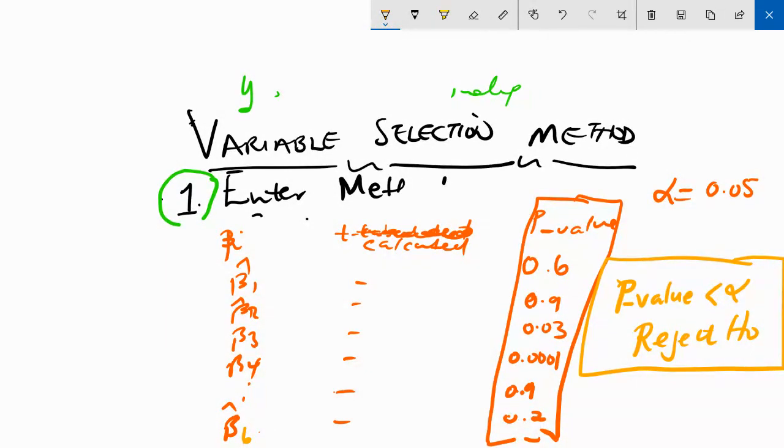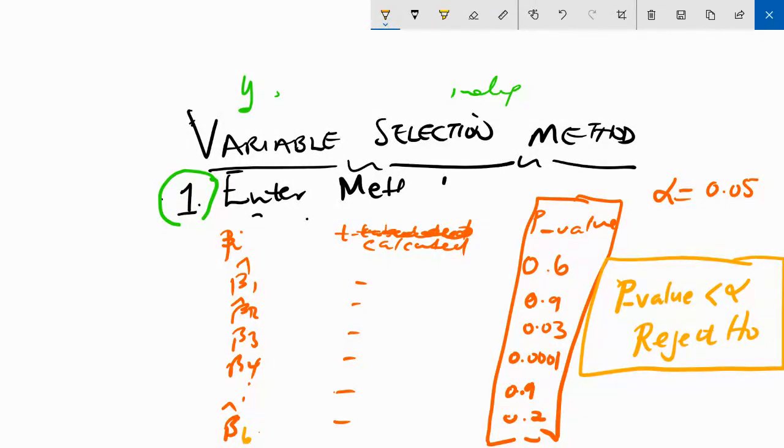If your P value is greater than alpha, you are simply saying there is no relationship between that variable and y. For example, let's go to the first one. Is 0.6 greater than alpha or less than?